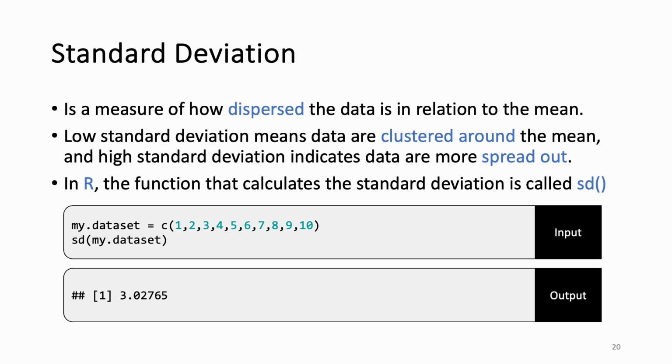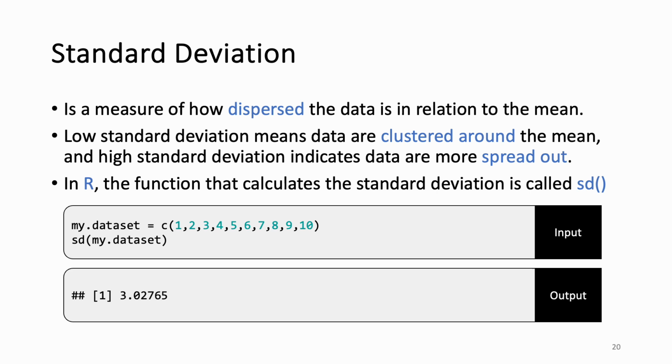The standard deviation is a measurement of how dispersed the data is in relation to the mean value, so it provides an indication of the distribution of the data around the mean. A low standard deviation means that the data are clustered around the mean, and a high deviation means that the data are more spread out.